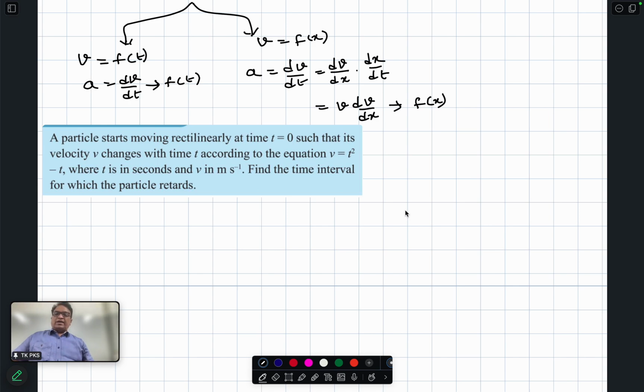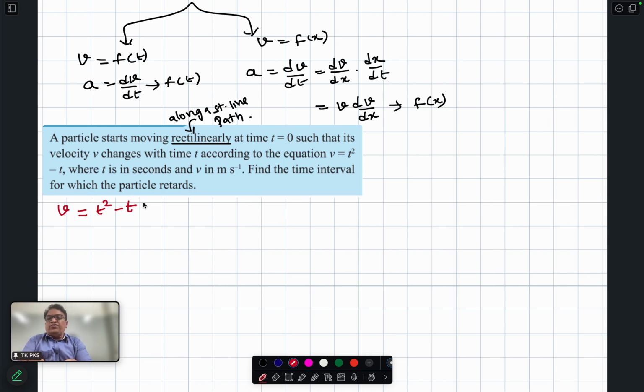A particle starts moving rectilinearly, meaning linearly along a straight line path. The velocity changes with time according to the relation v equals t square minus t, where t is in seconds and v is in meter per second.